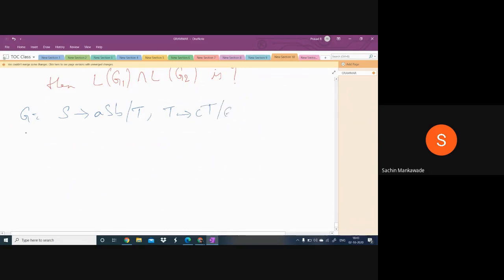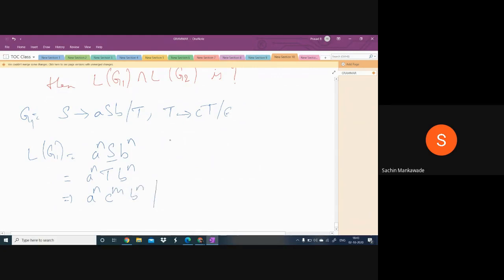What is L of G1? As long as I go for ASB, ASB, ASB, the number of A's and B's will be equal and you will get S. To replace S, you must come to T, and from T it will be epsilon or CT, CT, CT. So A power N, C power M, B power N.